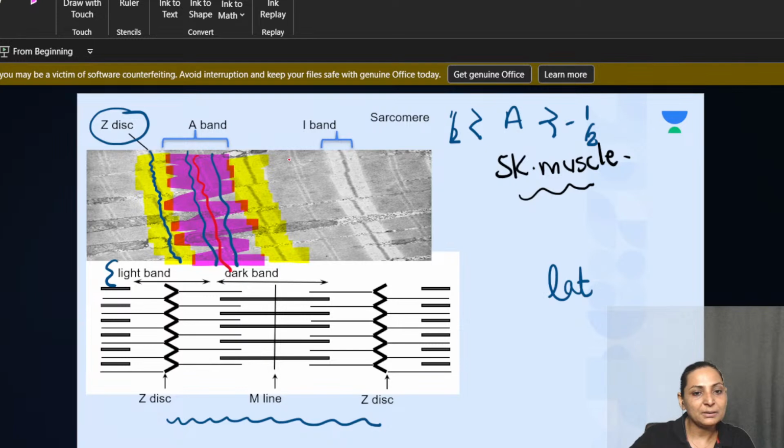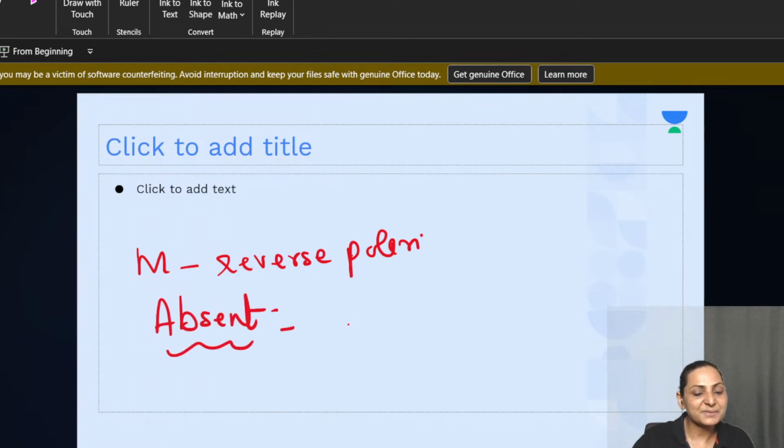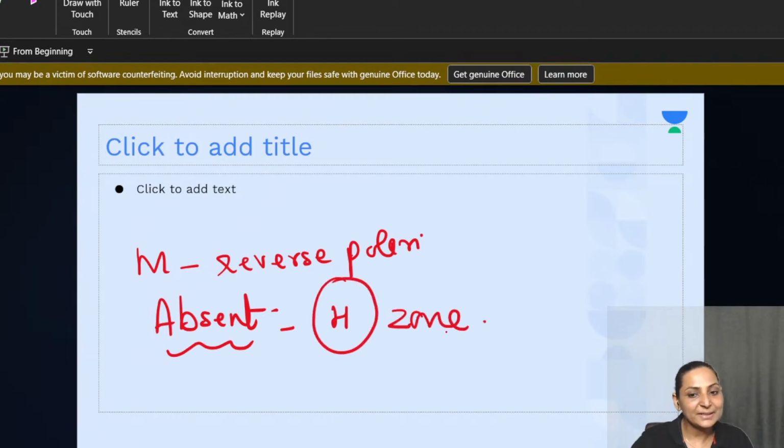And you must remember that the H zone is the zone which is going to be absent with muscle contraction. So which zone is absent with muscle contraction? It is the H zone. What is the reason?